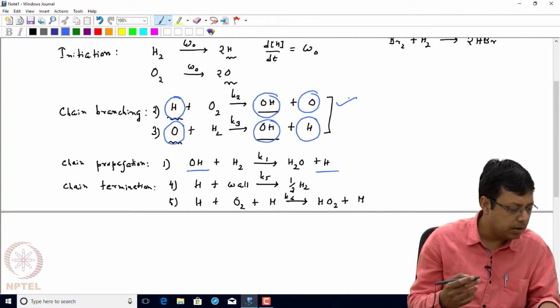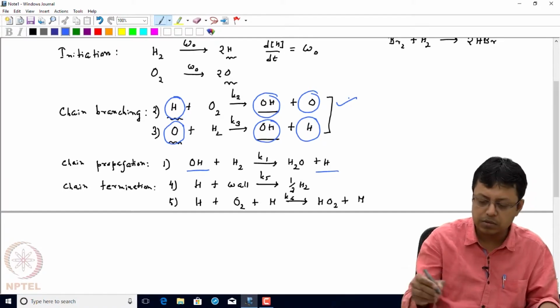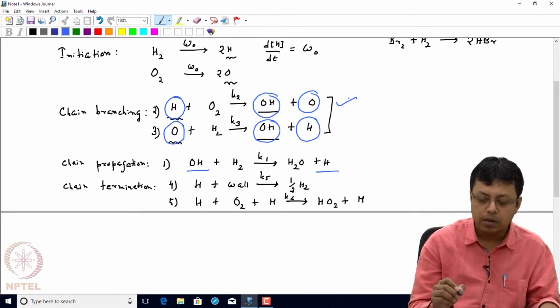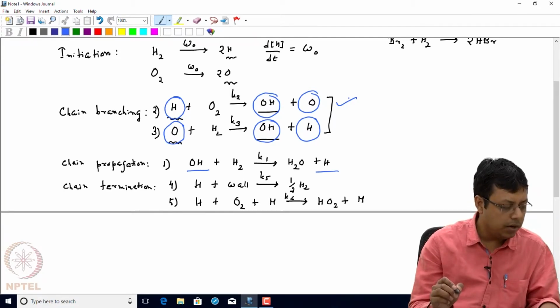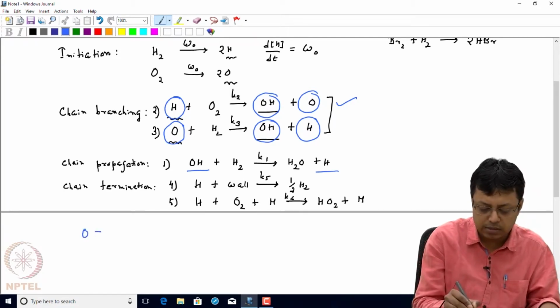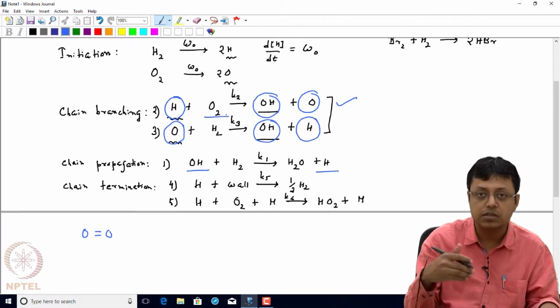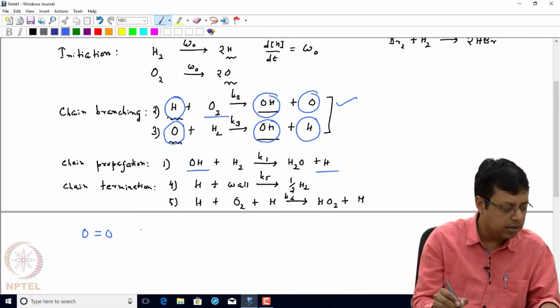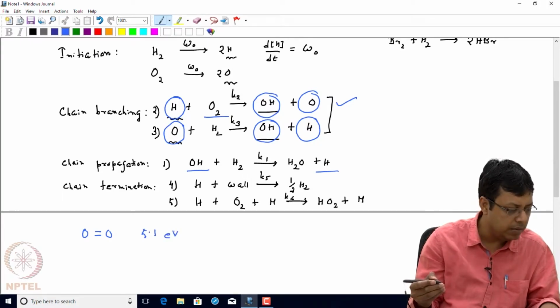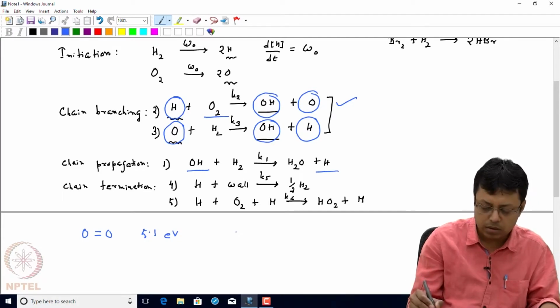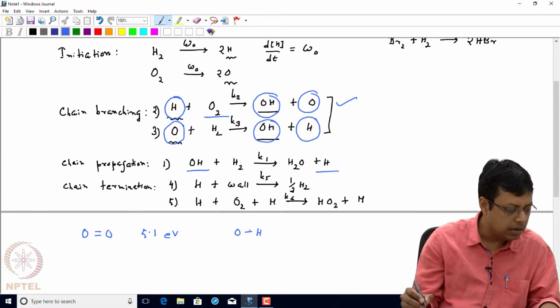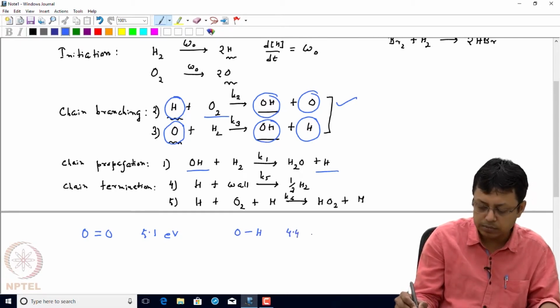So let me give you some values for these reactions, which are endothermic or exothermic. If you think of branching step number 2, the O-O bond is broken, because you can see I have to break an oxygen bond, and that bond energy is about 5.1 electron volt, and then you are forming an OH bond. OH bond energy is approximately 4.4 electron volt.